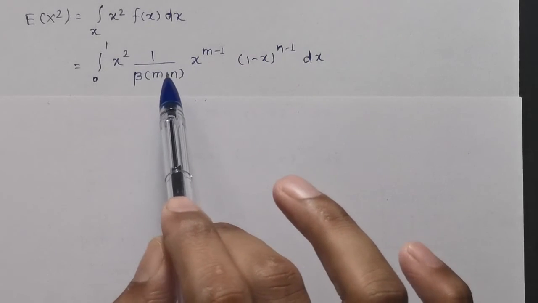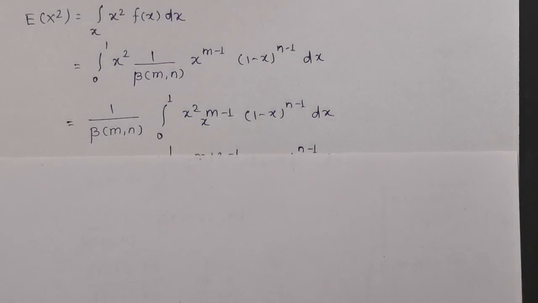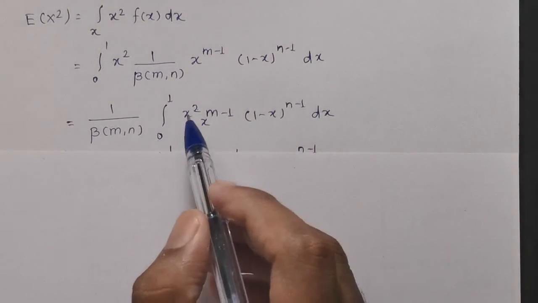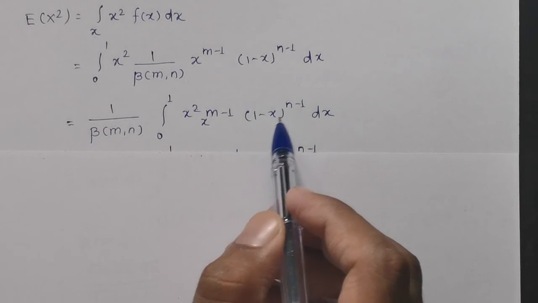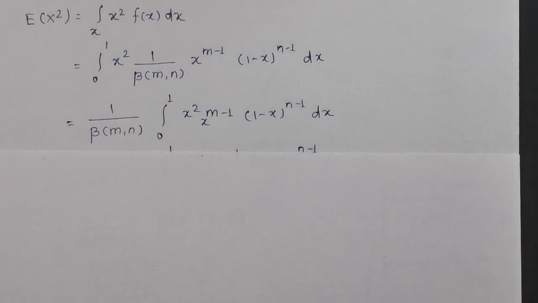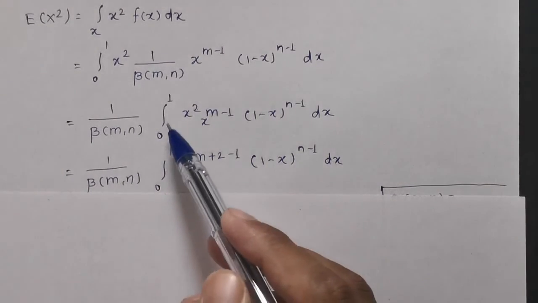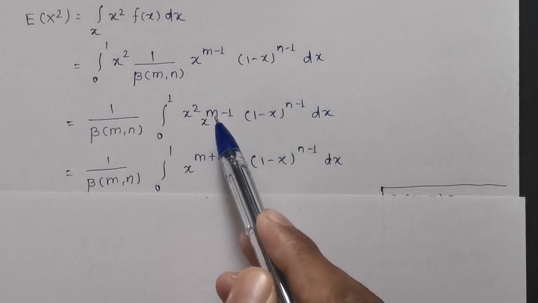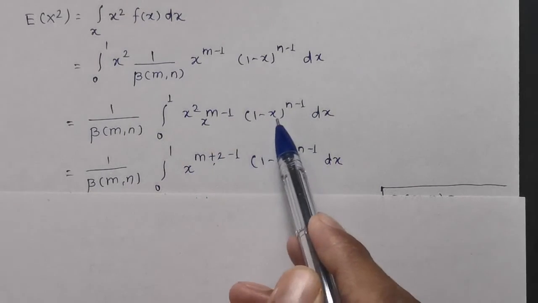Taking the constant outside the integral sign, we get 1 upon beta mn, integration over 0 to 1 of x raised to m minus 1 plus 2, and 1 minus x raised to n minus 1 as it is, into dx.